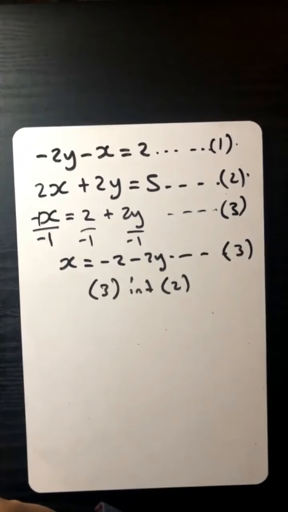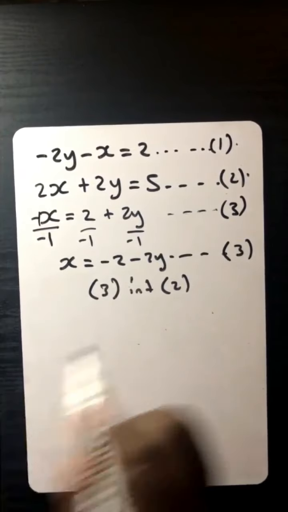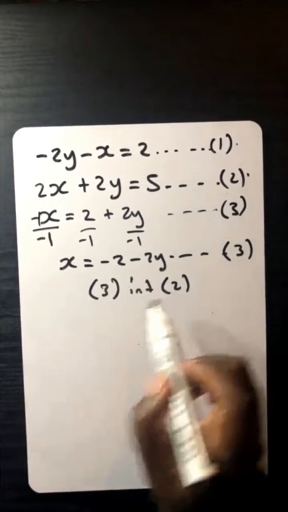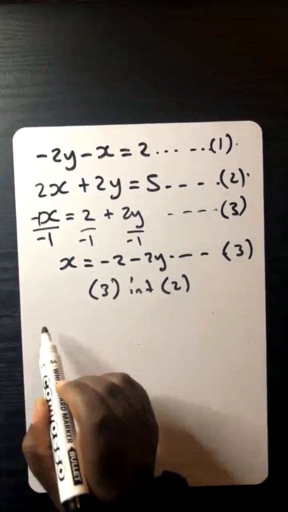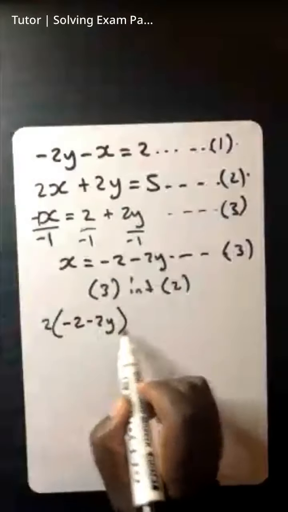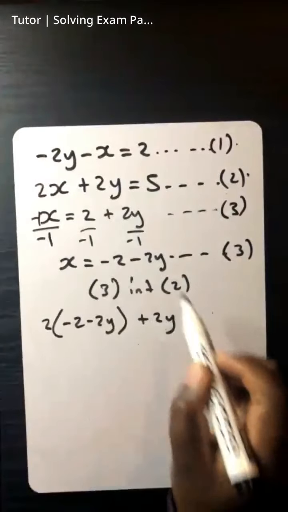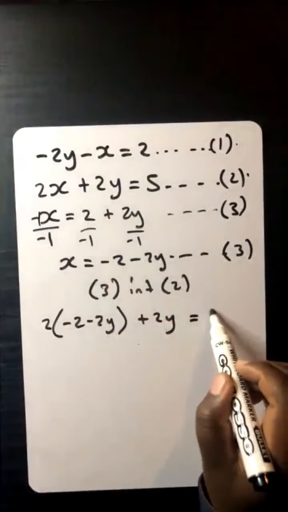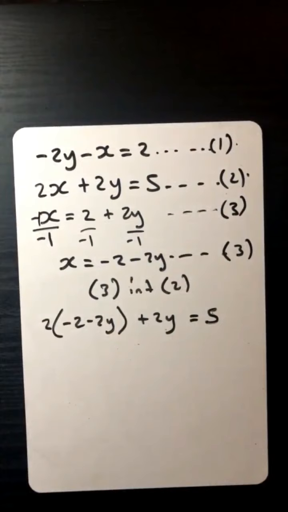Okay, so what I'm going to do now is just to show you the substitution part. Where you see x, you're going to substitute the whole of this, and then you say plus y over there on equation 2, and this is equal to 5.